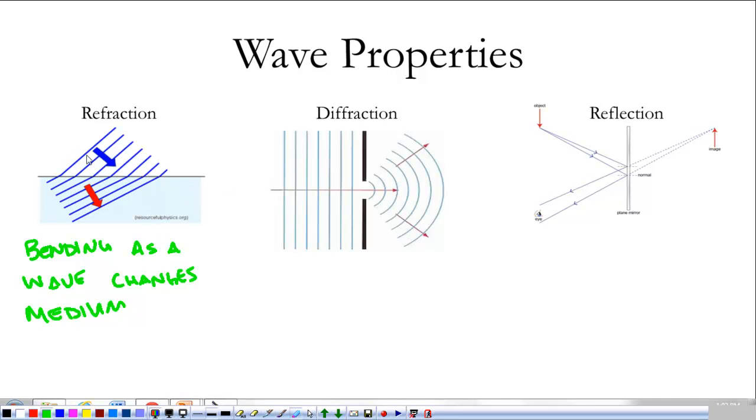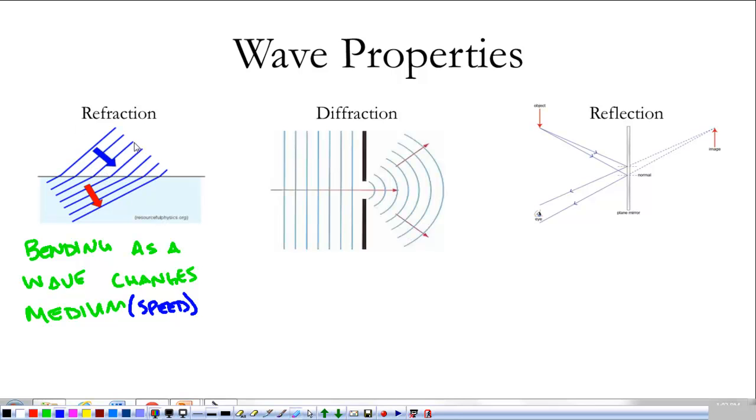So what's happening is that the wave is changing medium, which also means it's changing speed. And so what we see here is light moving fast with a big wavelength. As it changes medium, the speed changes. It slows down a little bit, I get a smaller wavelength, and because of that, it turns a little bit.